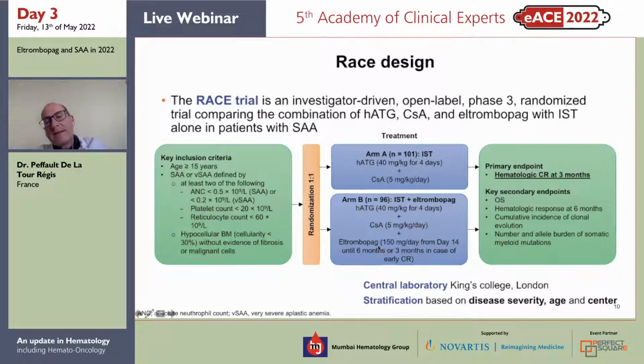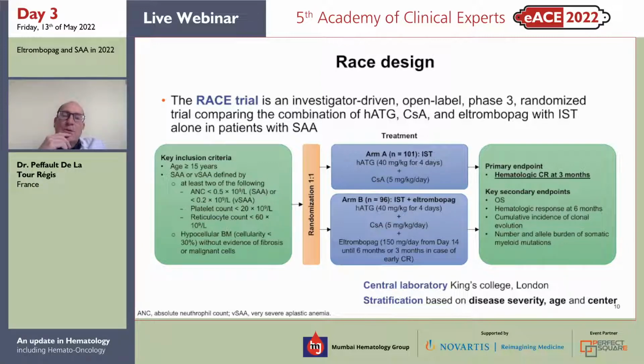And what we decided, as you can see here, is to use eltrombopag from day 14 until 3 months if patients were in complete remission, or until 6 months if patients were presenting with partial response. So in other words, the idea of that trial, and we have to keep in mind that it was designed almost 10 years ago, was to expose the patients as little as possible to a thrombopoietin agonist that we didn't know at that time might be of benefit for the patients.